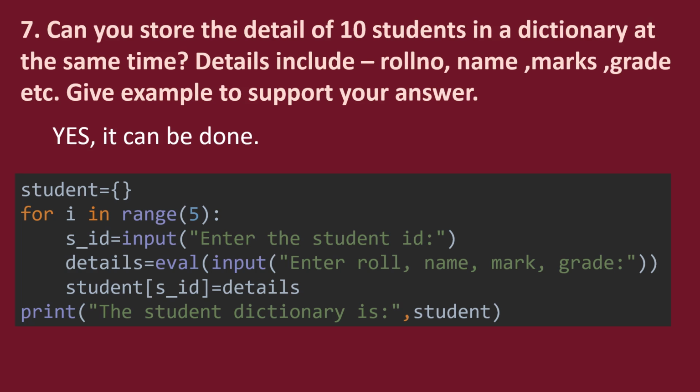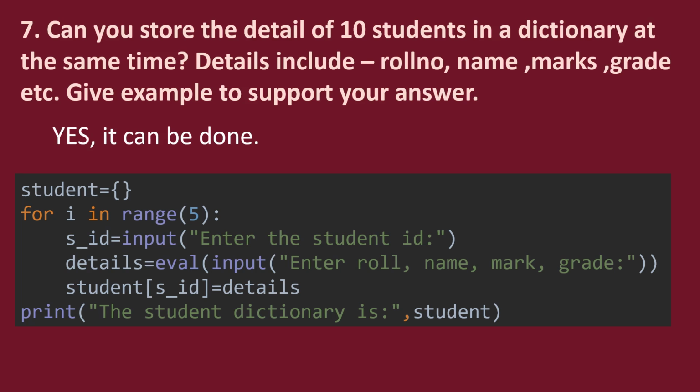The details will be the roll number, name, mark, and grade. Okay, so student id is the key and details will be the value. So sid has to be entered by the user. Now details you can enter like roll number, name, mark, and grade. Here I have used an eval function. So either you can enter it in a list or in a tuple.